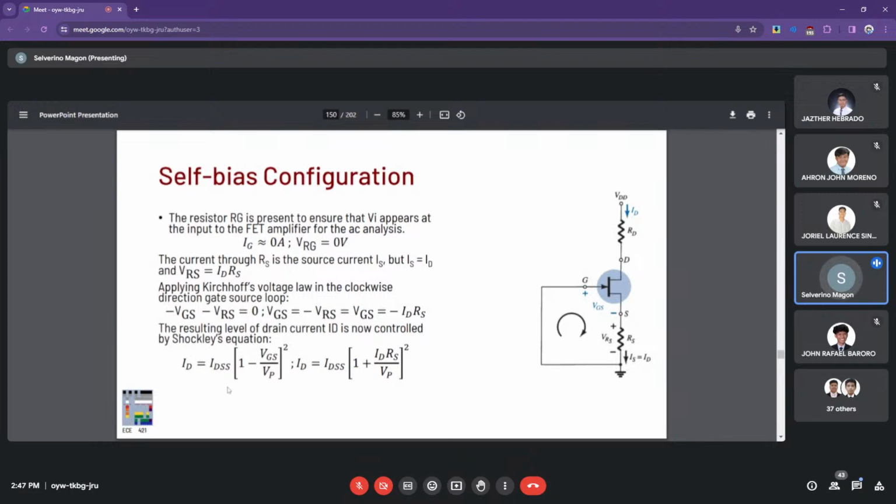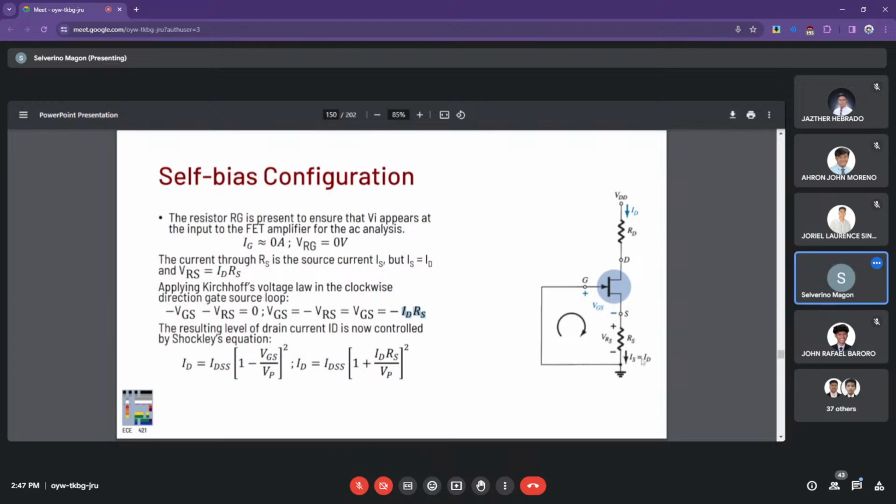Now we can start solving for the drain current based on the Shockley equation. One thing to take note of at this point is that the VGS here can be expressed in terms of ID and RS.